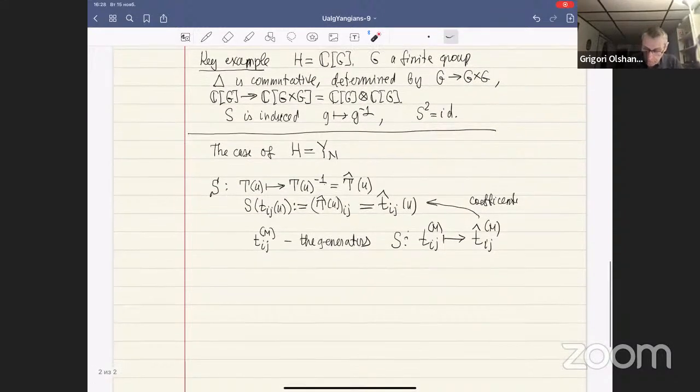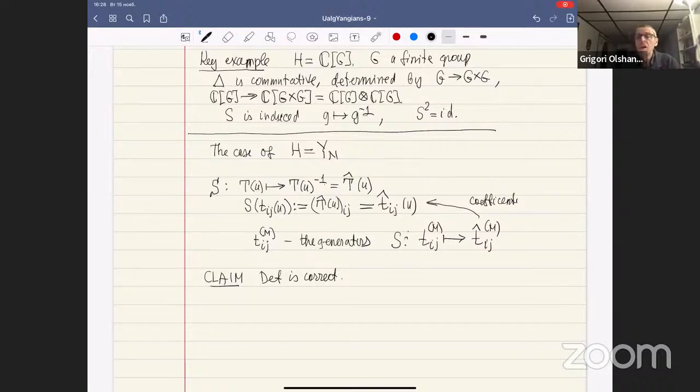So we need some claim: the definition is correct. What this means is that this definition should be consistent with the defining relations, because it's not sufficient to prescribe the values on generators.